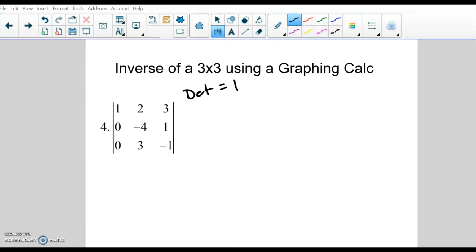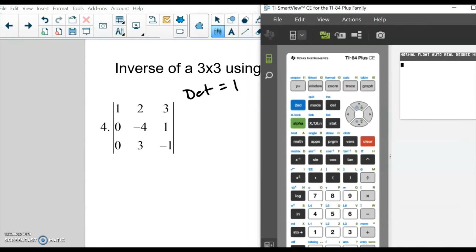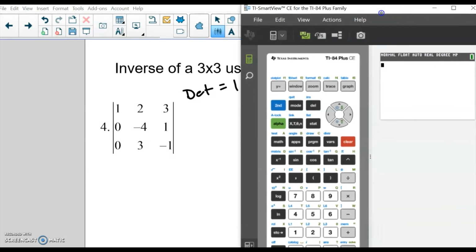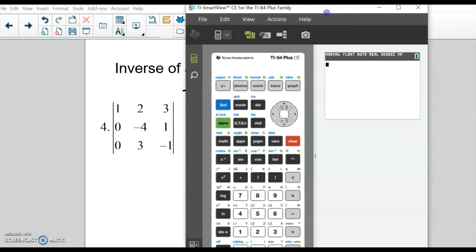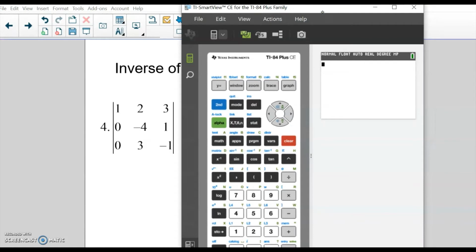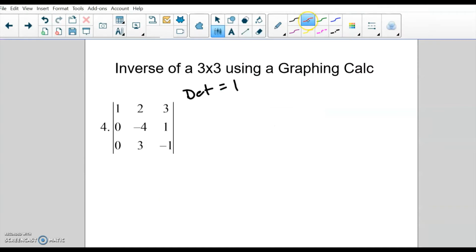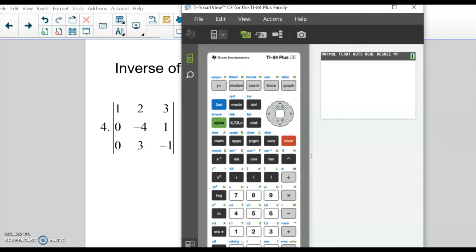If you have a graphing calculator, now would be a good time to grab that, and we will start to input this into the graphing calculator. On the graphing calculator, just above that red button is the word matrix.